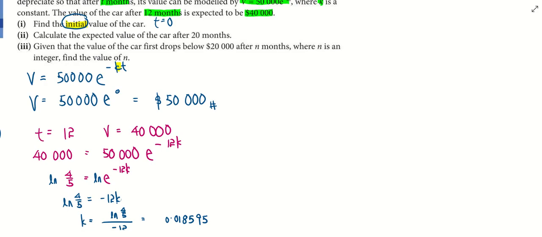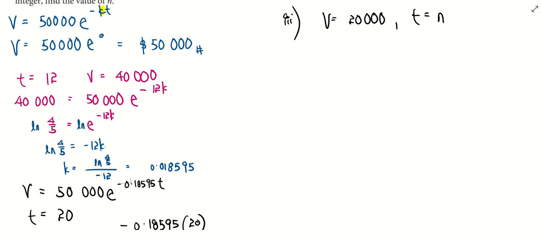So in part 3, we were told that the value of the car actually dropped below $20,000 after n months. Let me write the information out. So this means in part 3, the value of the car is 20,000 when the number of months is n, and take note, n is an integer.